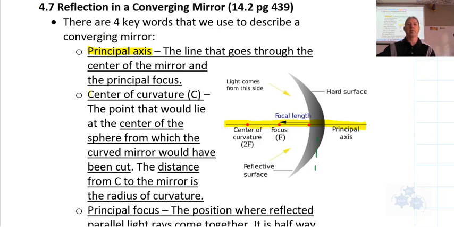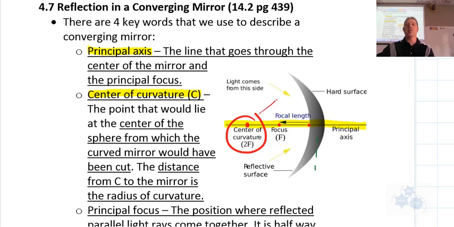So it would be good for us to talk about the center. The center of curvature, I guess the center of the mirror, really is over here, I suppose. The center of curvature is right here, and this would be the middle of the sphere that would create this mirror.